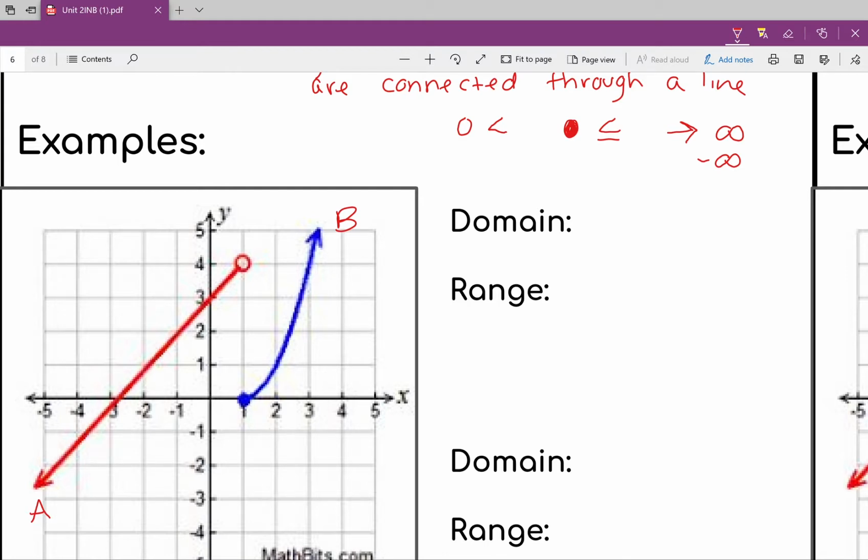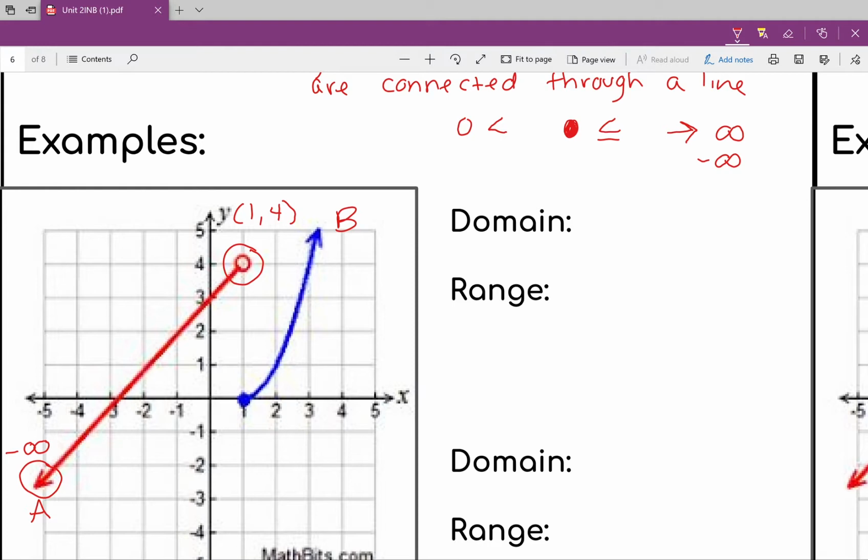For A, notice that we have an arrow right here, and we have the open circle. That arrow, since it's going down, represents negative infinity. And this open circle is at the point 1, 4. Now that we know this information, we can do the domain.